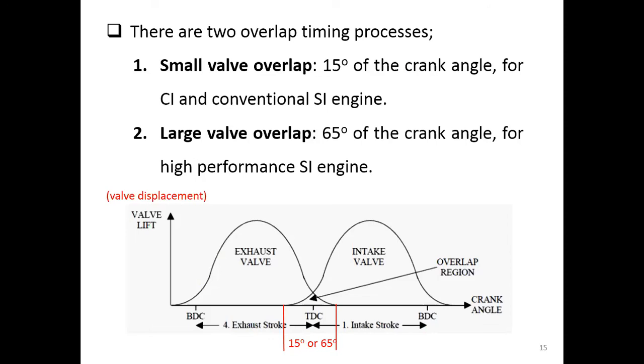That means they use a small overlap timing, and that amount is about 15 degrees of the crank angle. For a large overlap, it goes up to 65 degrees of the crank angle. This is for the engine that you expect to have a very high performance. That means you have to have a large overlap if you design an engine for high performance.